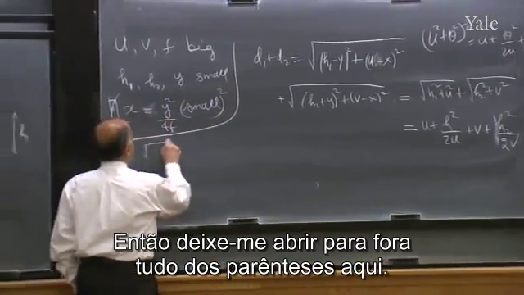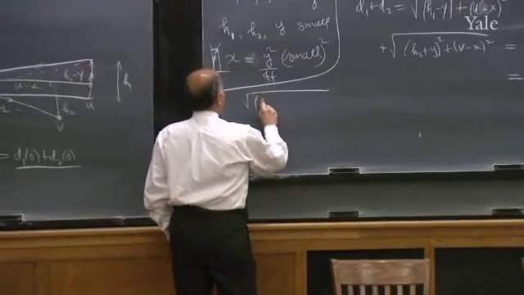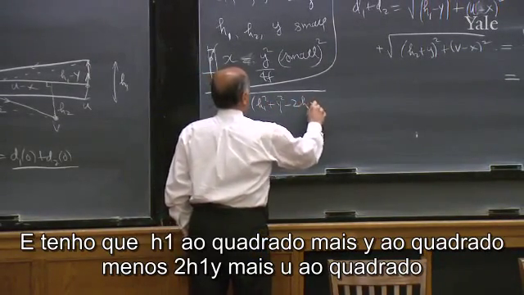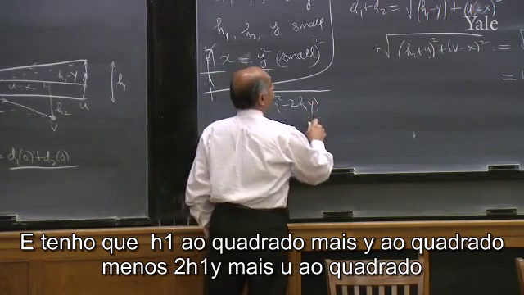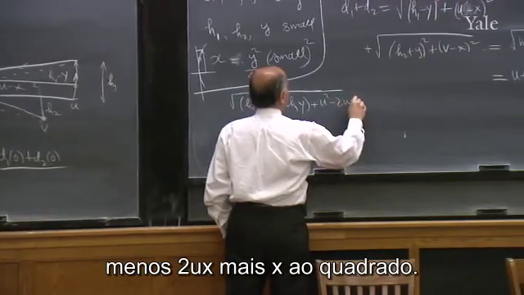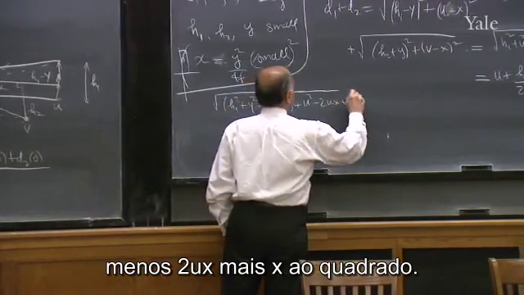It's that. So let's look at the left-hand side now. So let me open out everything in the bracket here. I get h1 squared plus y squared minus 2h1y plus u squared minus 2ux plus x squared.